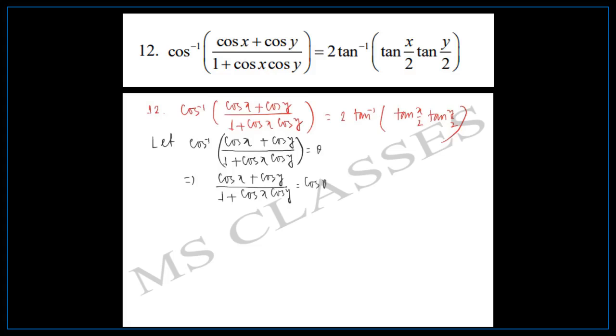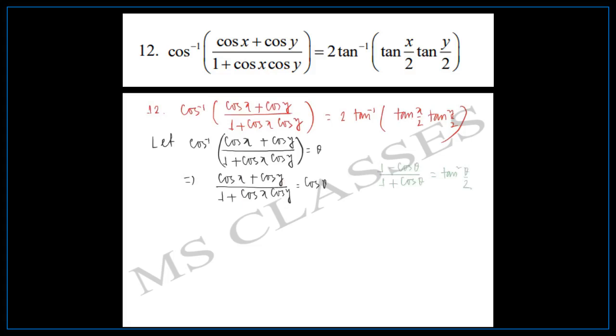Now after this, you can apply componendo and dividendo. Why? How to understand here? Because we know there is a formula: 1 minus cos theta by 1 plus cos theta equals tan square theta by 2.